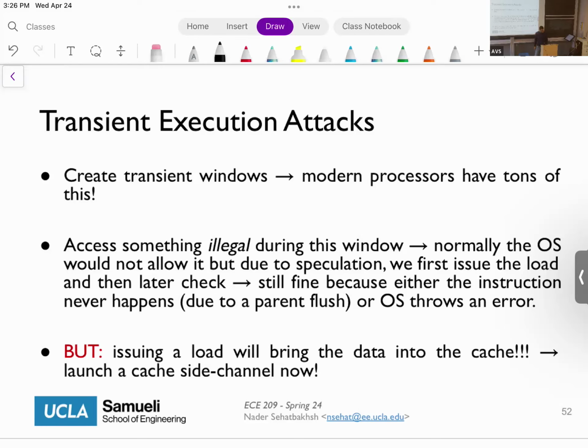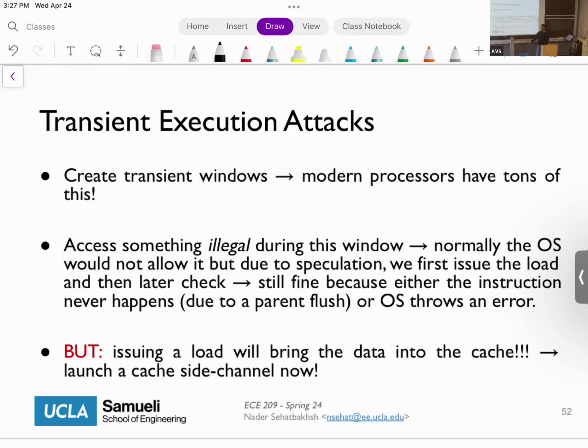And the big thing about this, especially for reading memory, is that during that illegal time, I can essentially read arbitrary values from memory. Although I can never read the exact values, those values will be brought into the cache, because remember that we had load speculation. We didn't know the address, but we just assumed that there is no problem. We issue the load because of the LSQs that we had last time.